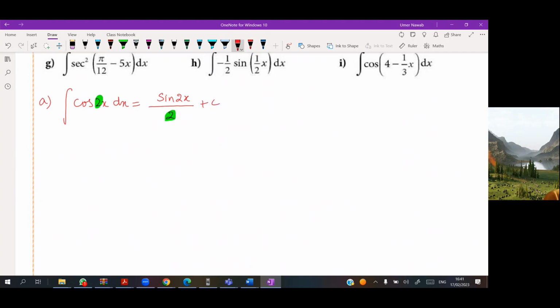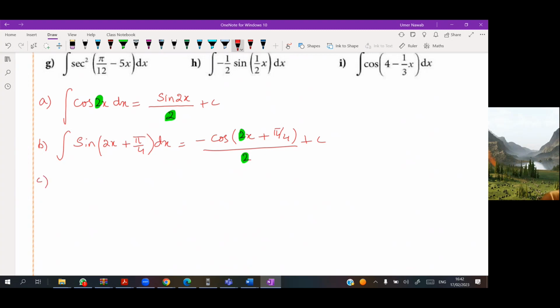B part, sine of 2x plus pi by 4, very important. Integration of sine is minus cosine of 2x plus pi by 4. Don't forget, we need to divide the expression by 2, the coefficient of x, plus c.